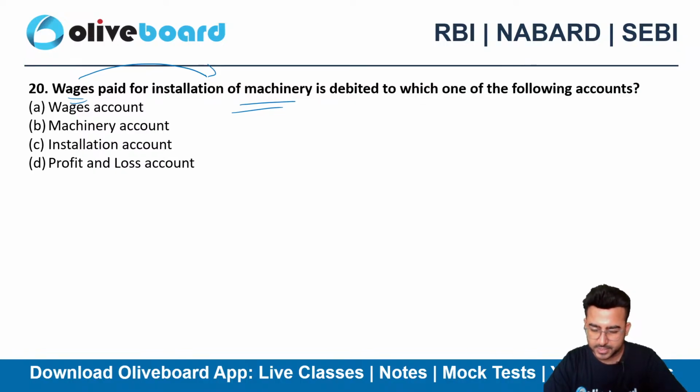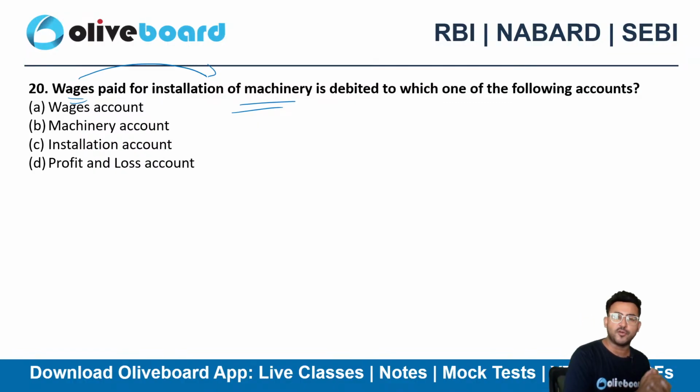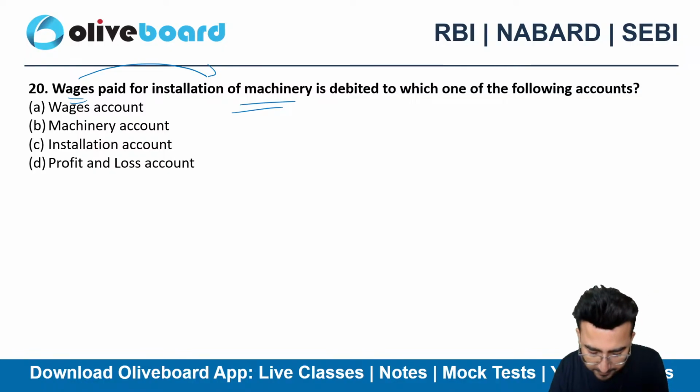Is debited to which account? I have paid wages for the installation of my machinery. Is it an expenditure account like wage account, or is it a capital expenditure? What do you think, guys? Do I need to include this in my cost of machinery, or I need to just treat it as a revenue expenditure? What is your opinion on this particular thing?